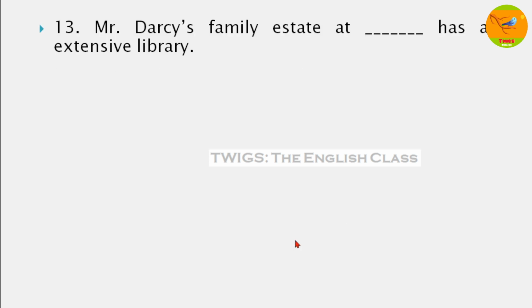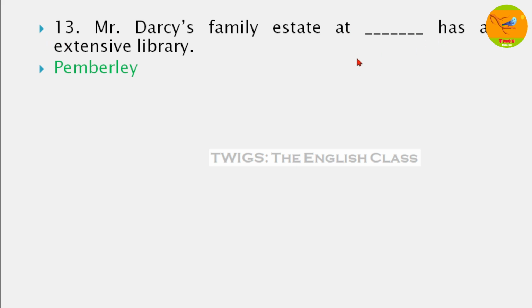Next. Mr. Darcy's family estate at name of some place has an extensive library. Pemberley. So here the complete sentence will be: Mr. Darcy's family estate at Pemberley has an extensive library.